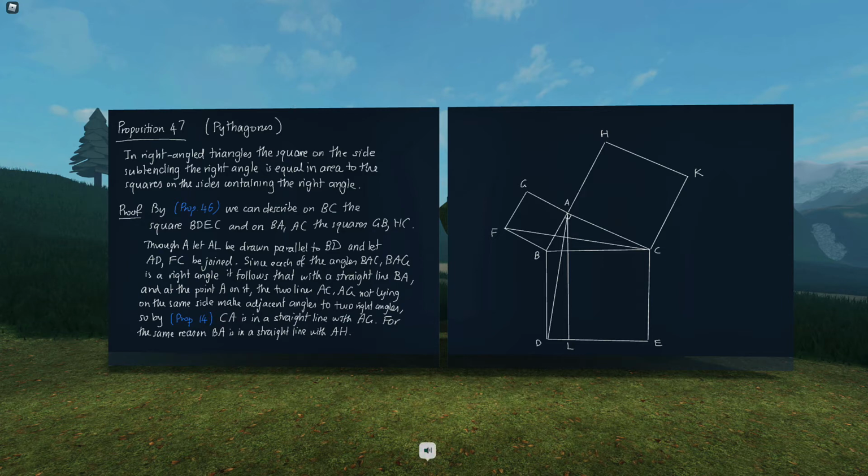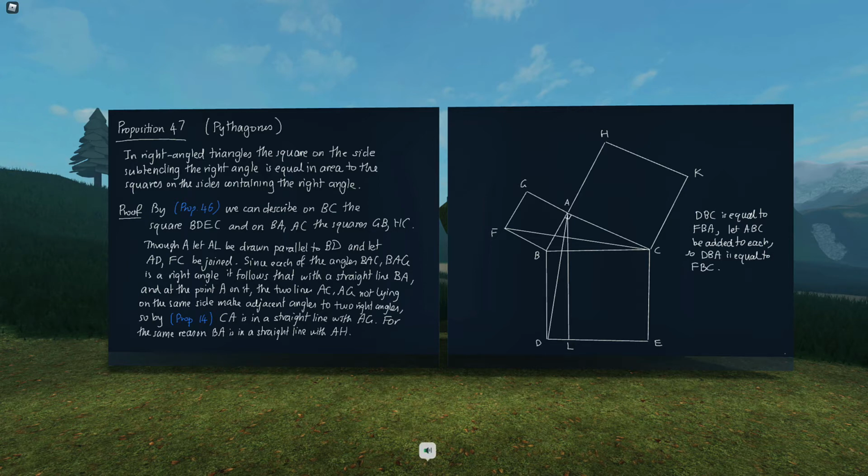Okay, so DBC is equal to FBA, right? Because they're both right angles. Let ABC be added to each. So they remain equal. So the whole angle DBA is equal to FBC. It's by common notion 2.